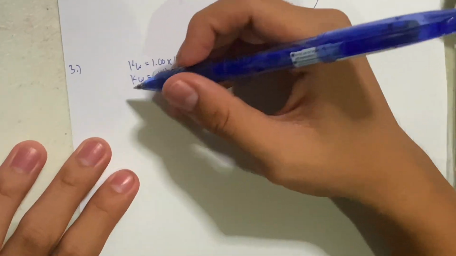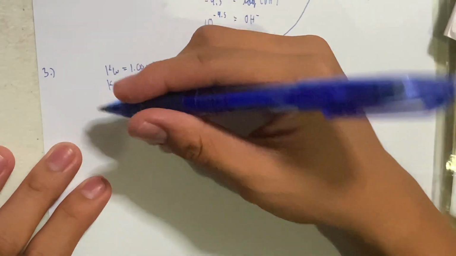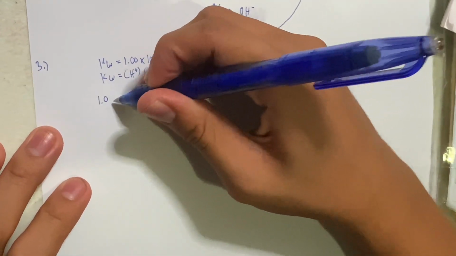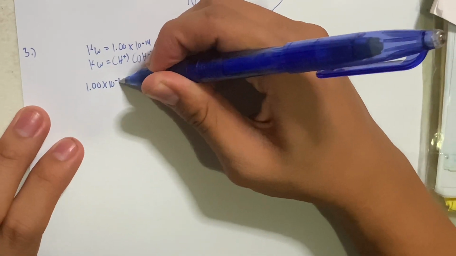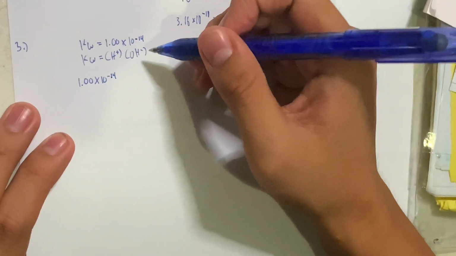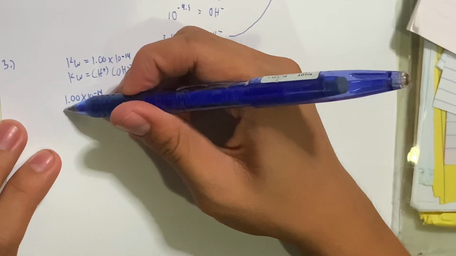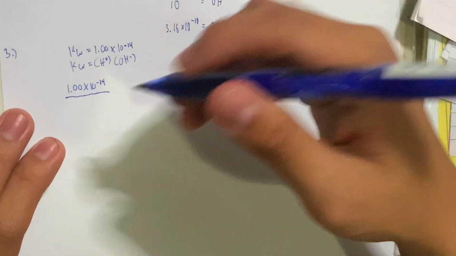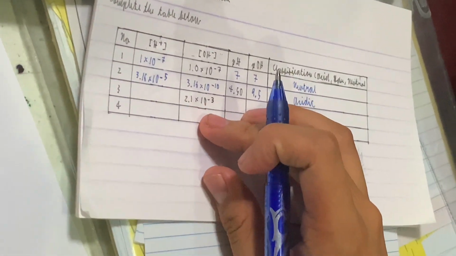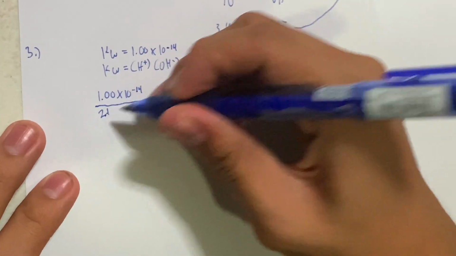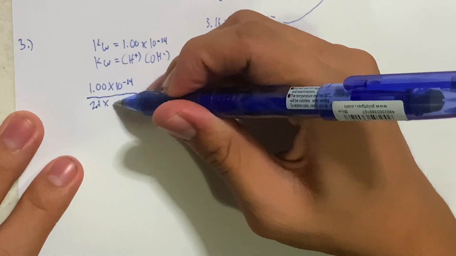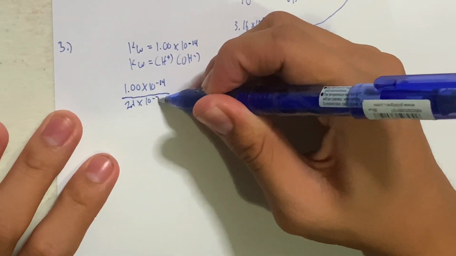So it's going to be 1.00 times 10 to the power of negative 14, and we're going to divide this by hydroxide, the number of which is 2.1 times 10 to the power of negative 3.